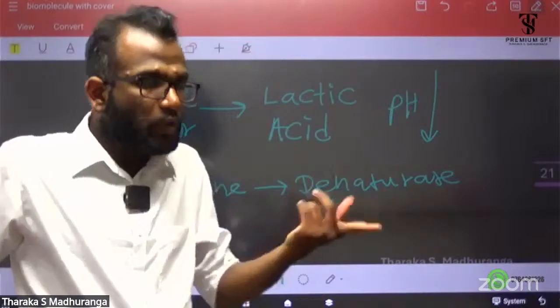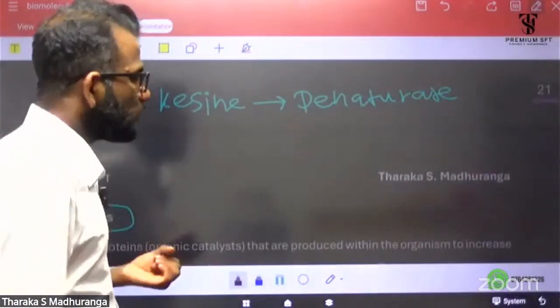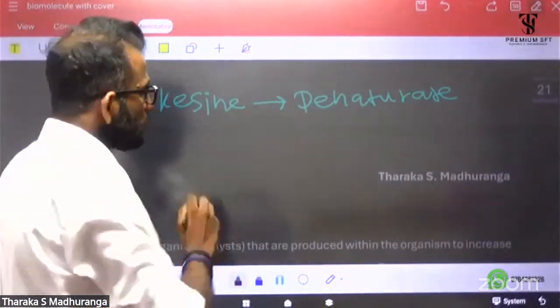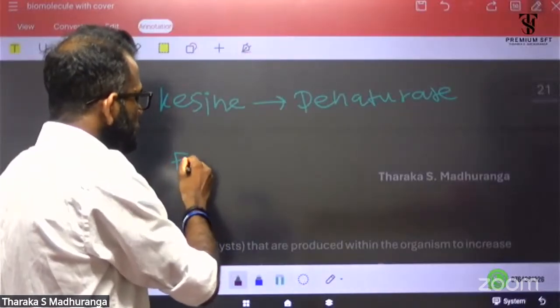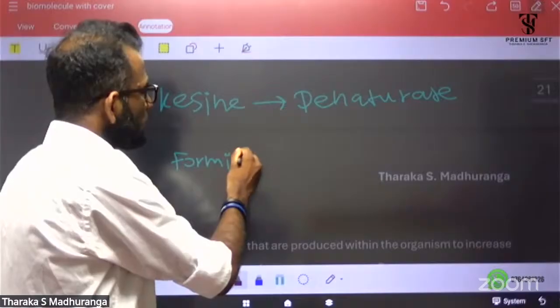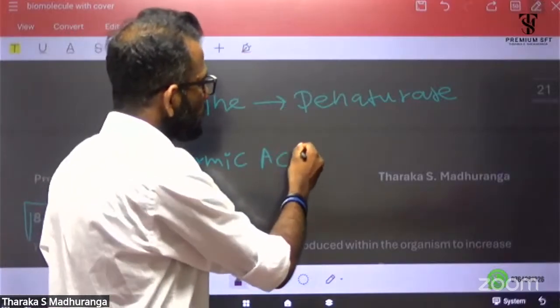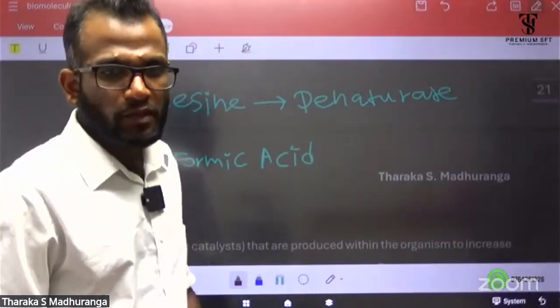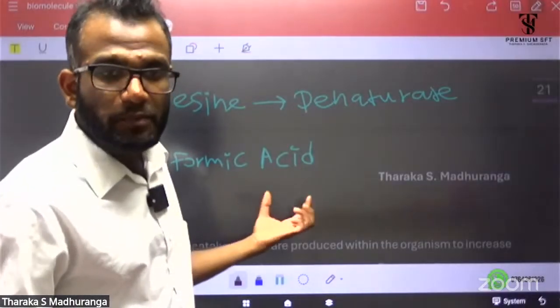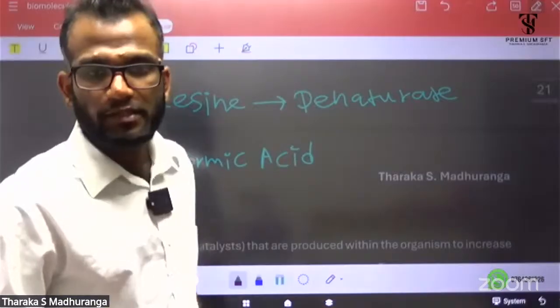In the polymer lesson we can discuss this, but for the coagulation process we add formic acid. Remember, okay? Formic acid, what is the purpose? It's an acid. Then what happened?